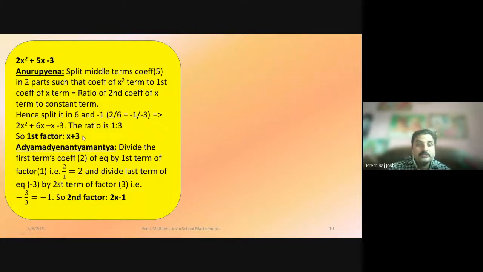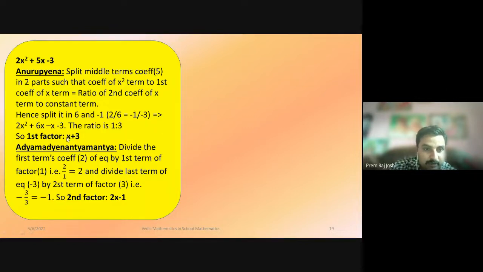So the first factor will automatically be x plus 3. This one is x and this one is 3. Now we divide the coefficient of x square by the coefficient of the first term of the factor. Here the factor is x, so its coefficient is 1.